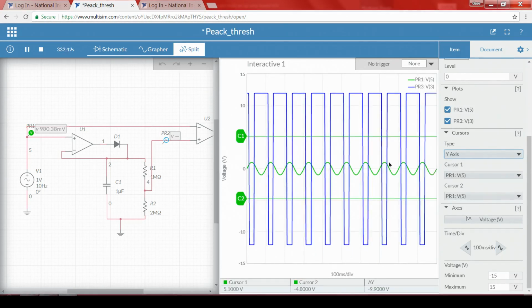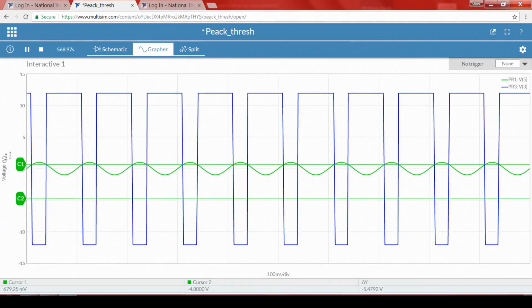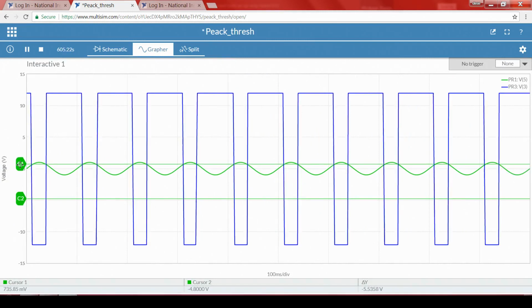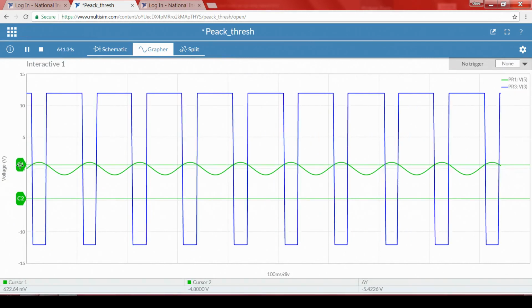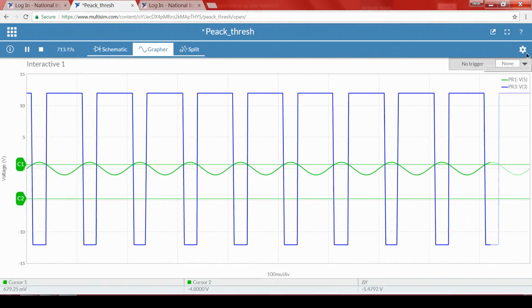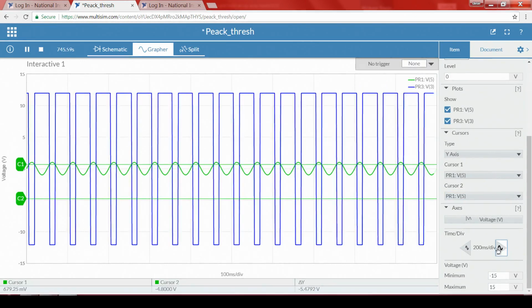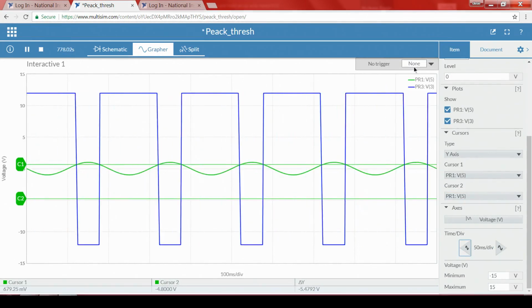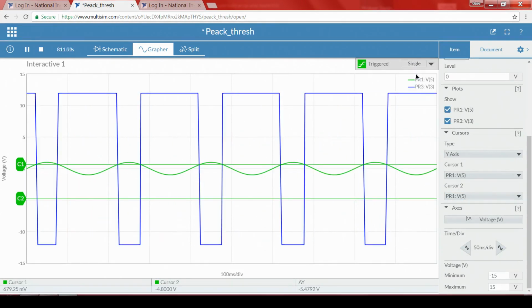I will take a y axis cursor and keep it somewhere around, if we observe the cursor value, it should be somewhere around 666 millivolt. Okay, somewhere around roughly 679, and let me zoom a little bit so that it is easy to understand for us. Make it auto or single, yes.